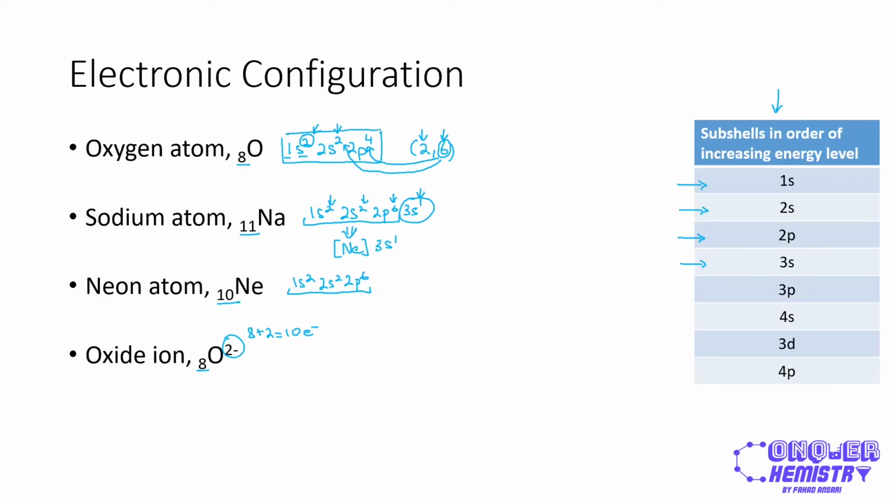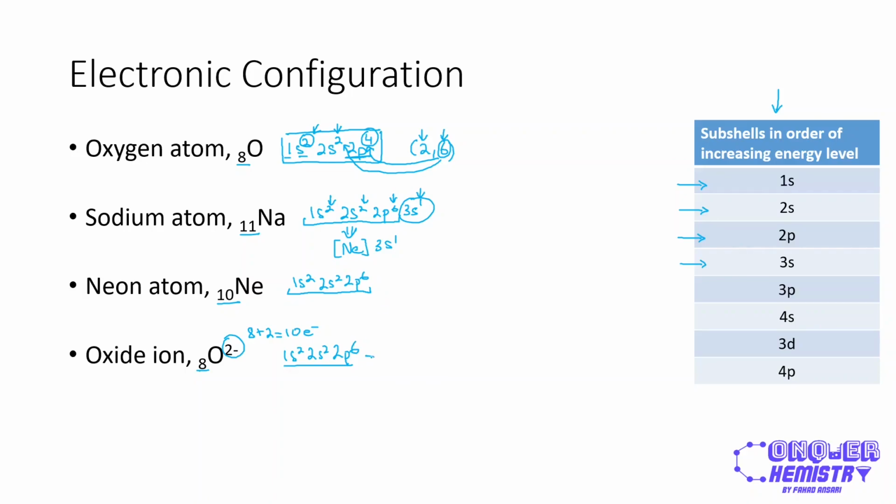Because this has 2 more electrons, and we know that the 2p subshell can hold a maximum of 6, right now it has 4, so the 2 extra electrons will go to the 2p to fill it up. So it'll be 1s2, 2s2, 2p6. Now this electronic configuration is the same as that of neon from the beginning to the end.